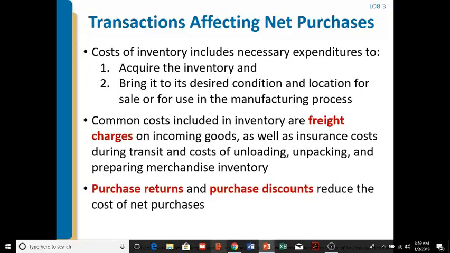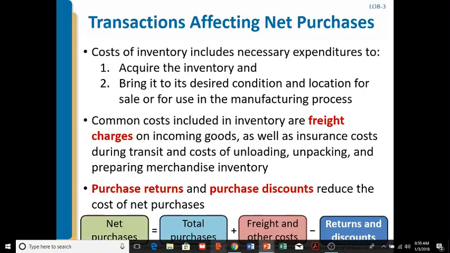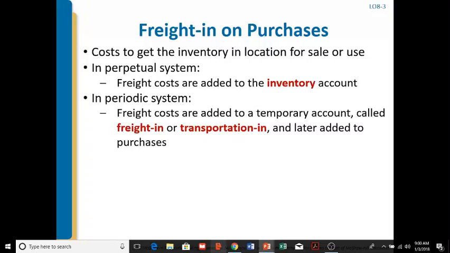Now, such things as purchase returns made by the buyer, as well as any purchase discounts that the buyer takes, reduce the cost of net purchases. How you deal with some of these things depends on what type of inventory system you use, perpetual versus periodic.